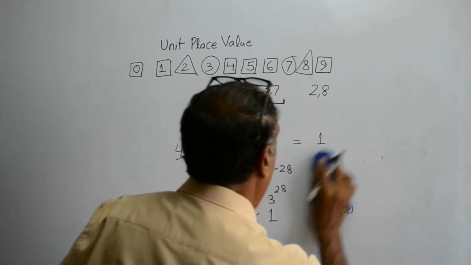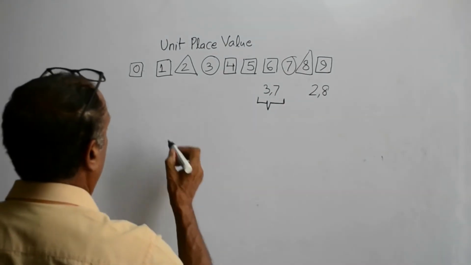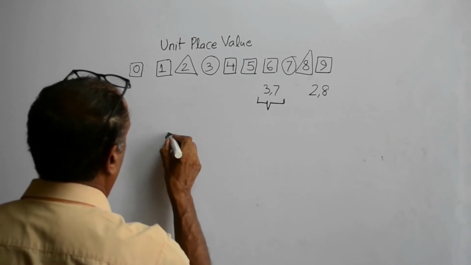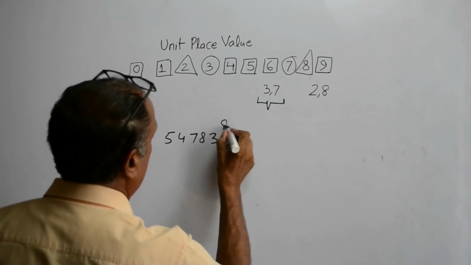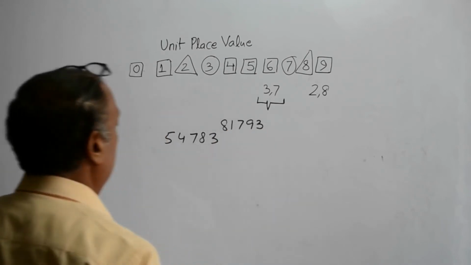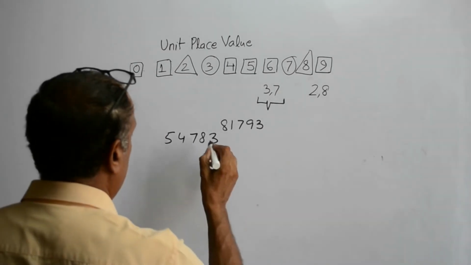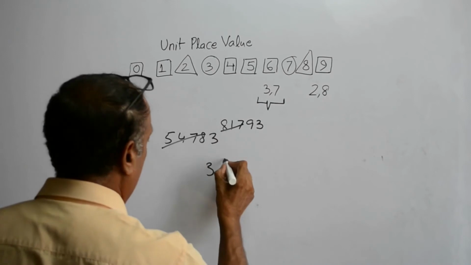So if we want to find out the value of 54783 raised to power 81793, then basically we are interested only in 3 raised to power 93.